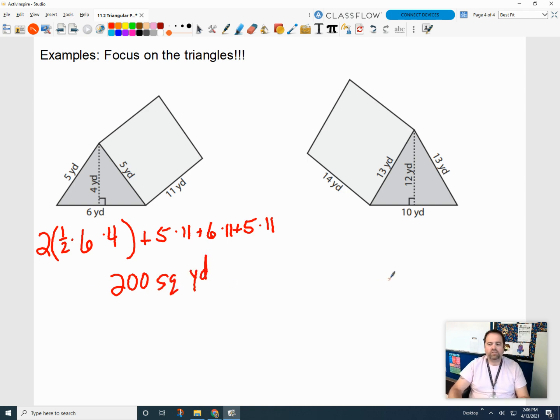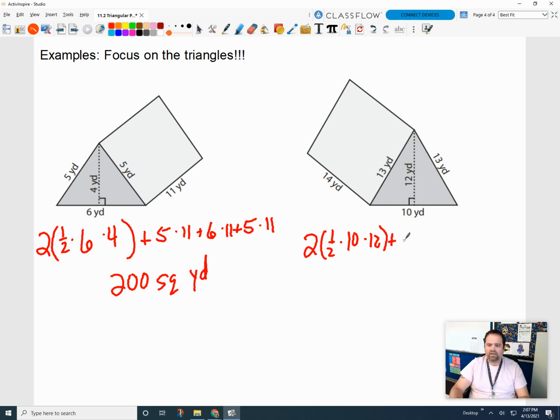Okay. Last one. I know this video is running a little bit longer, but I just really wanted to explain how it all folds out. 2 triangles. Each one of those triangles has a base of 10 and a height of 12.